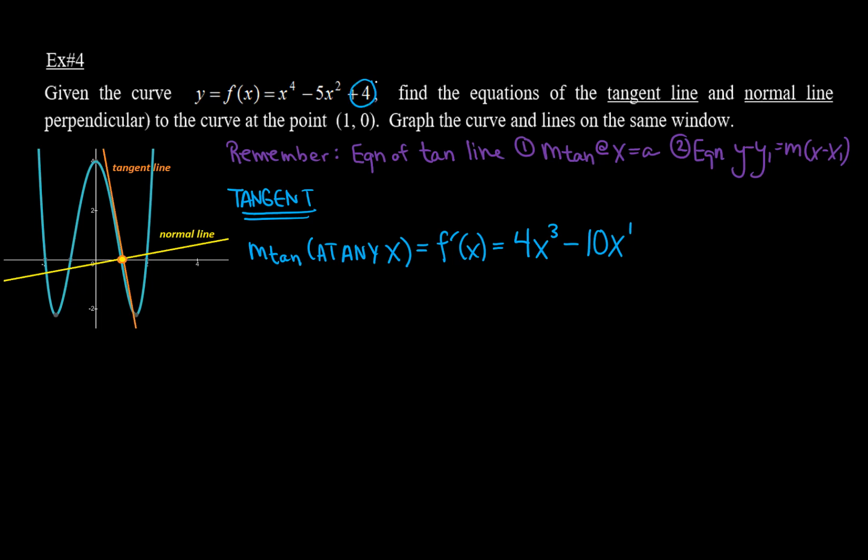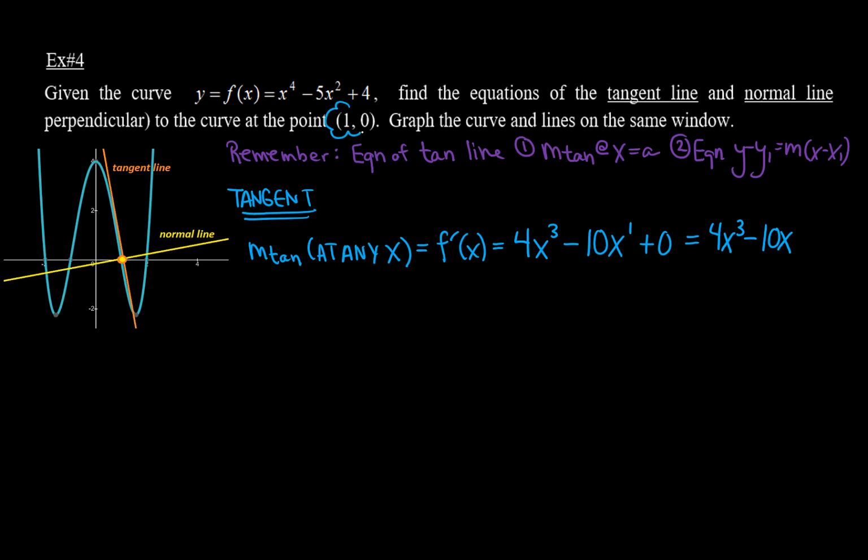And then the derivative of a constant is just 0. So the slope of the tangent at any point x is going to be 4x cubed minus 10x. All right, perfect.